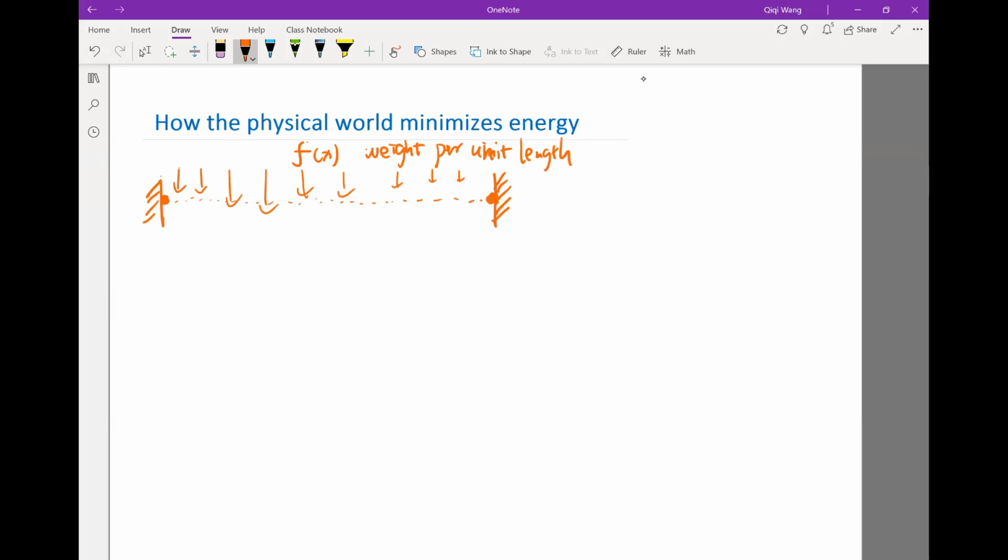Under the load, the string would actually lengthen, right? It would go down. So the string would look like something like that because it's loaded. So the question is, what is the shape of the string? Let's say the shape of the string is u of x. The question is, what is u of x?